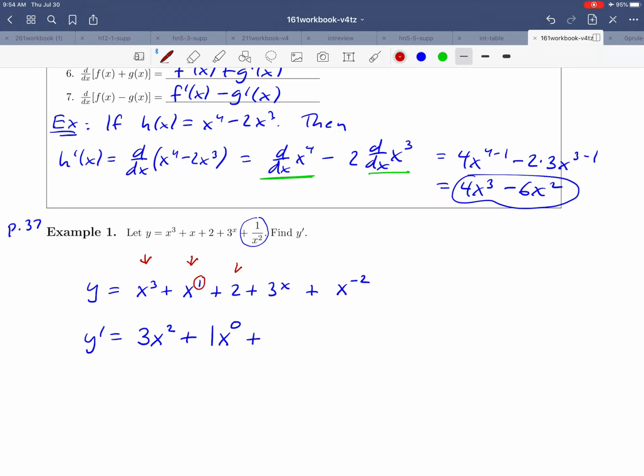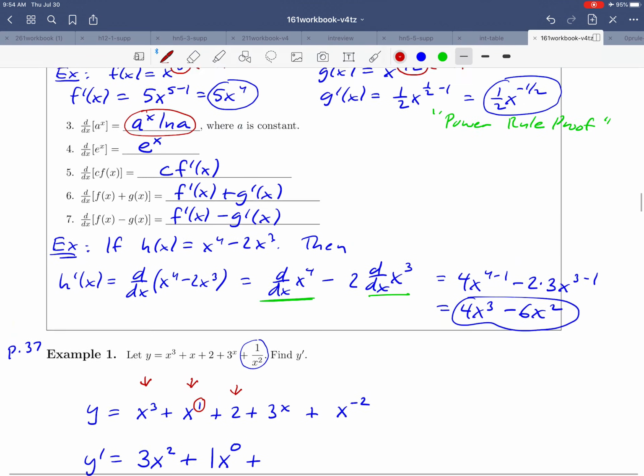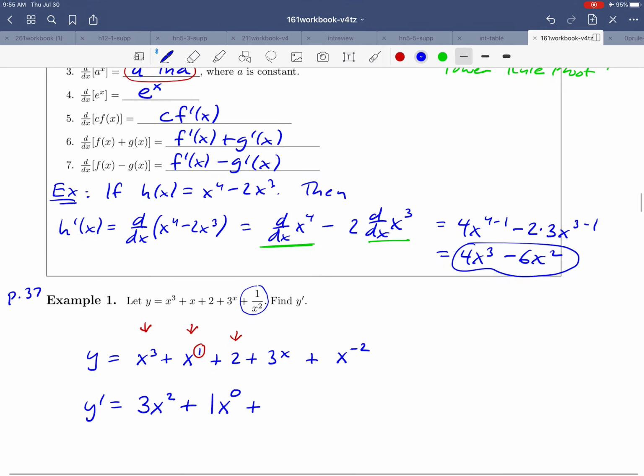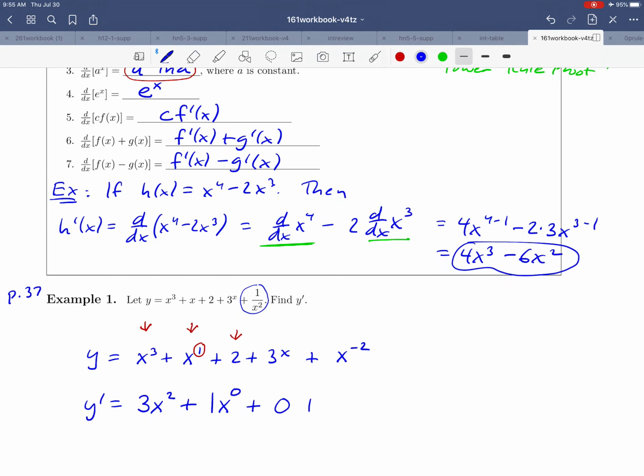Next term looks like 2. And so what happens if we take the derivative of 2? Do you see a formula on our list that would apply to that situation? Notice that that goes with formula 1, which tells us that the derivative of any constant is 0. 2 is a constant, and so we should get 0 when we take its derivative.